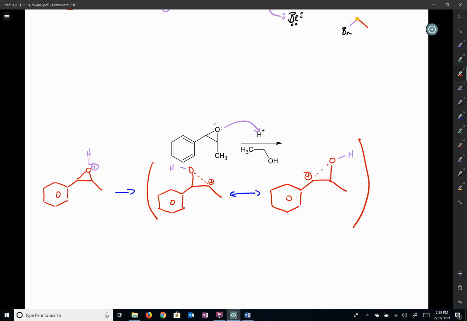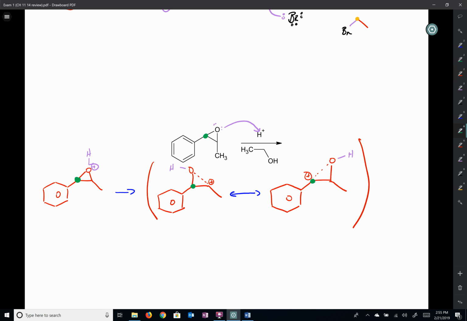So it's just like with a carbocation, where the carbocation is going to form at the most substituted. But remember, what we're really saying when we talk about most substituted is wherever it's the most stable. It just so happens that this carbon right here is what's known as a benzylic carbon.